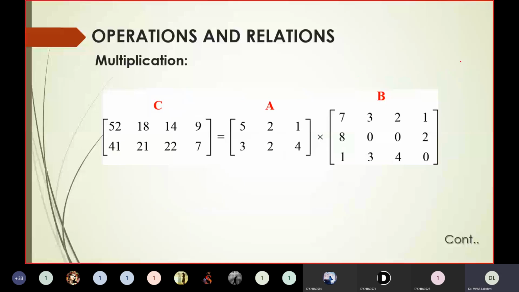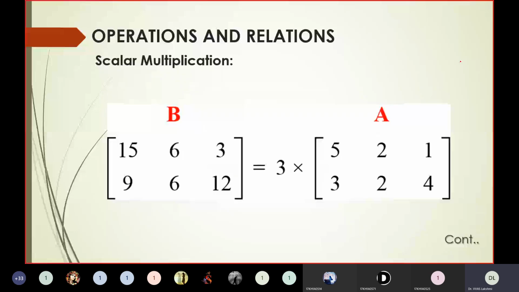So this is another example which we discussed in the previous class also. This is scalar multiplication. Scalar multiplication means any matrix is multiplied by an integer.